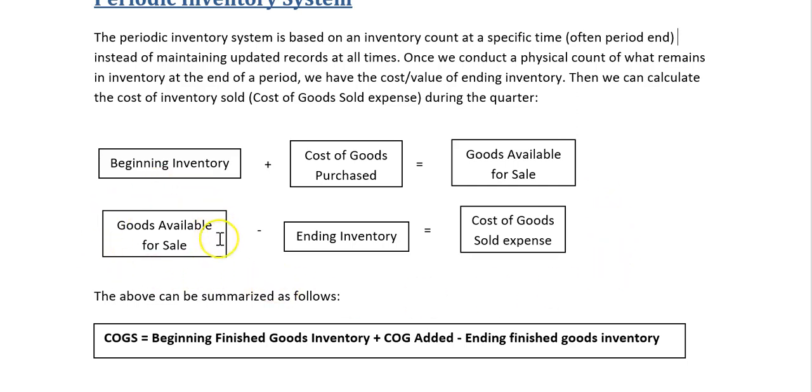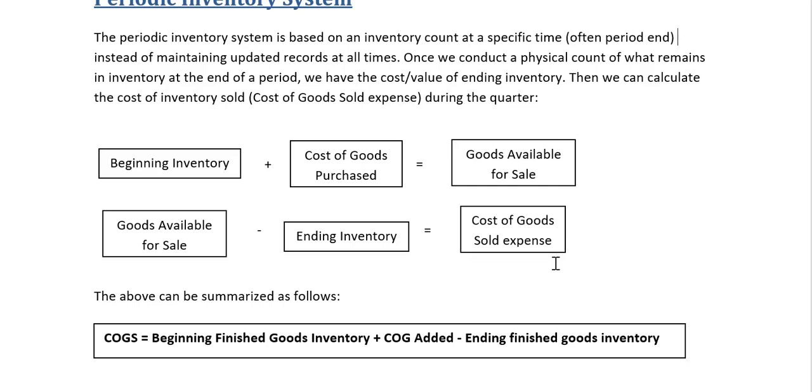And if we take the maximum that we can possibly sell and subtract off what we have left at the end, known as ending inventory, we get cost of goods sold expense. So this is typically how merchandising works. You very rarely will get a store that sells absolutely everything that it has purchased or acquired.